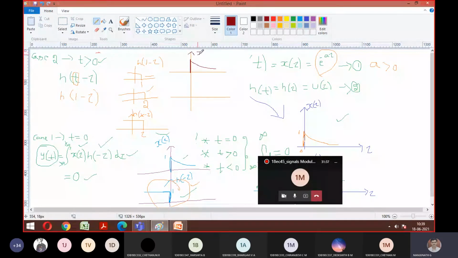So x of tau. Just now we plotted h of t minus tau, and we got an answer that it looked like this. So this is your tau, right? This is 0, again 0, and this is 1, 1. Now I need to overlap these two signals.